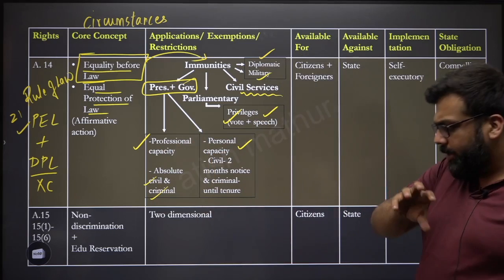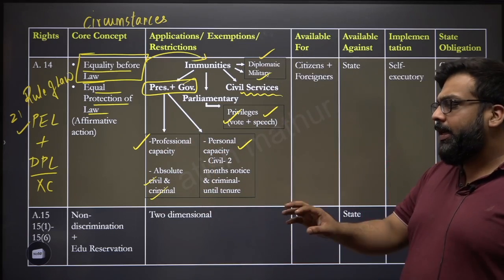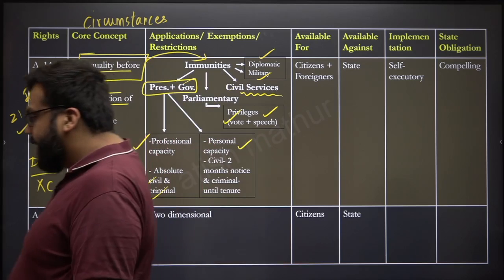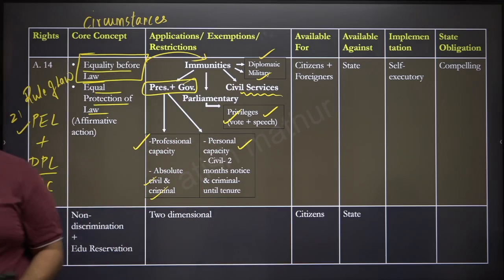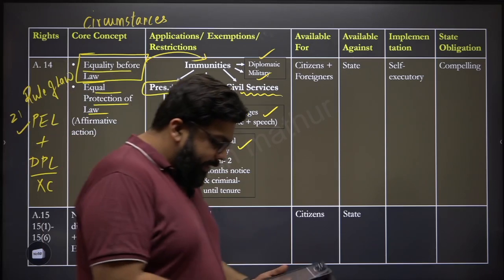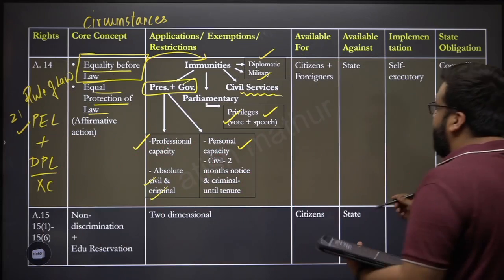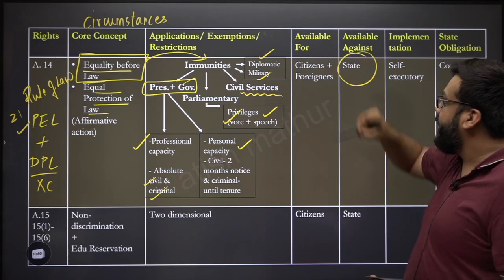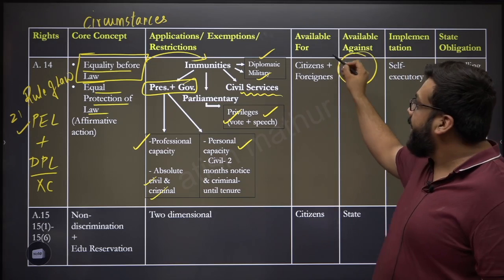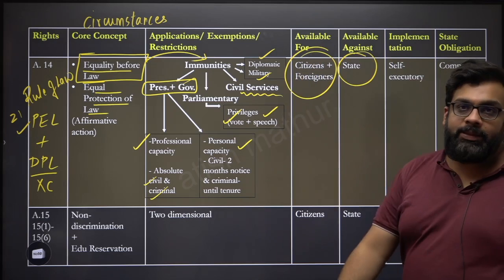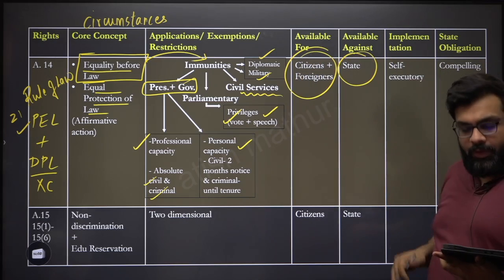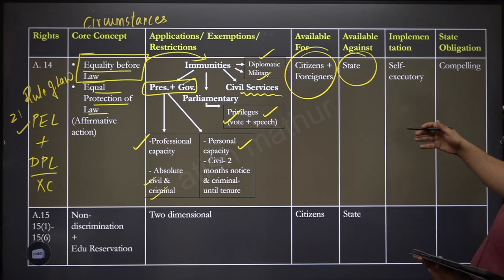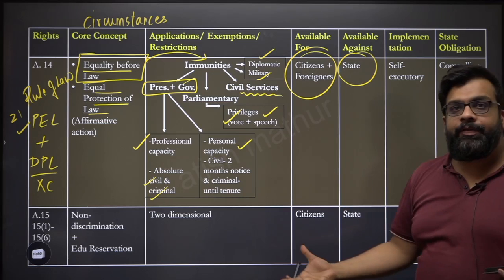Now, the title of the article is fairly clear. The Article 14 in its very first line very clearly mentions that the state shall not deny. So it's available only against the state, shall not deny to any person, which means foreigners and citizens as well, the equality before law and equal protection of law. And of course, this is more than enough.